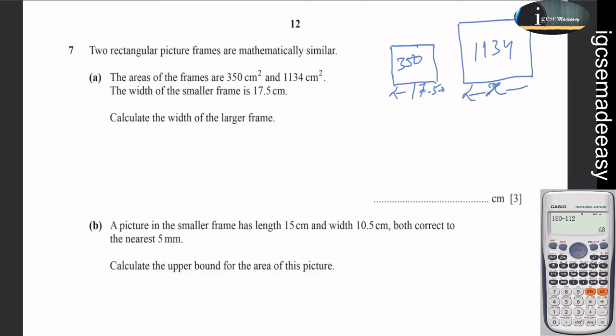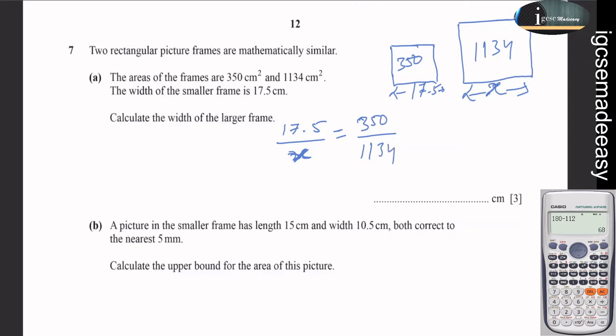Let's say this is x. This type of question is very simple, comparing the linear with the area. So linear is 17.5 by x. This is linear. And area is 350 for 17.5, and 1134 for x.